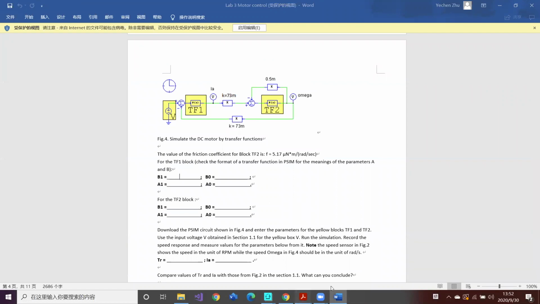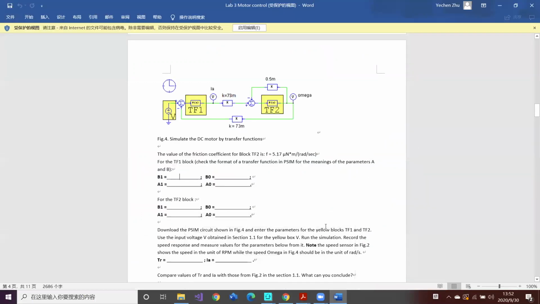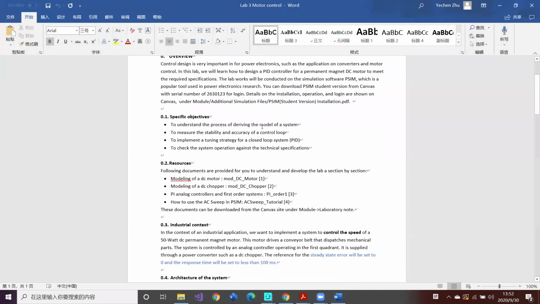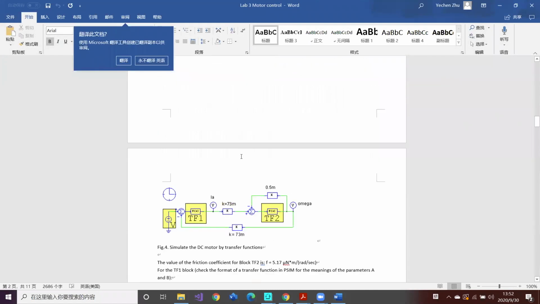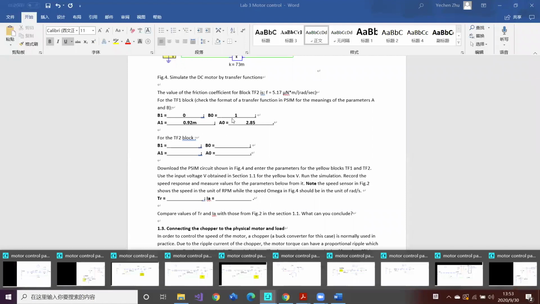As I said, according to these two equations, what we know is our B1 is 0, B0 is 1, and A1 is our inductance, which is 0.92 milli, and A0 is 2.85. And how can we change this value into our transfer function, into our mathematical model?